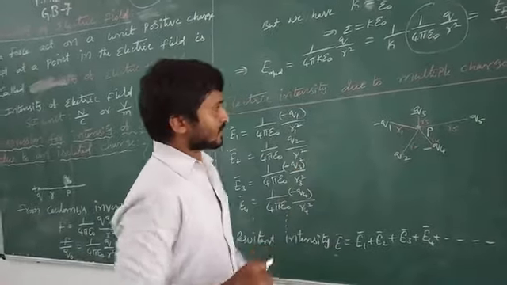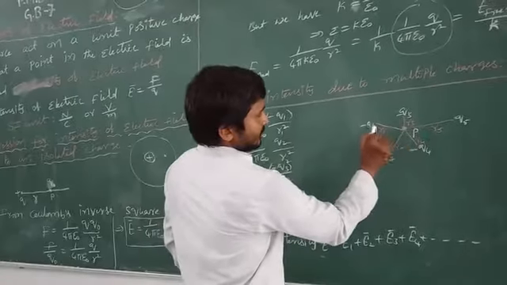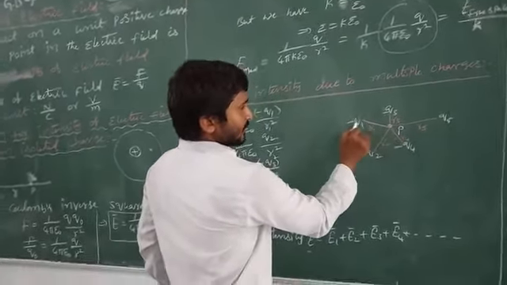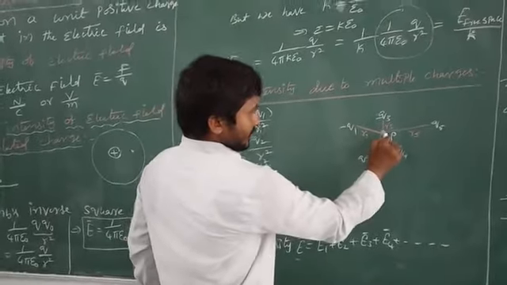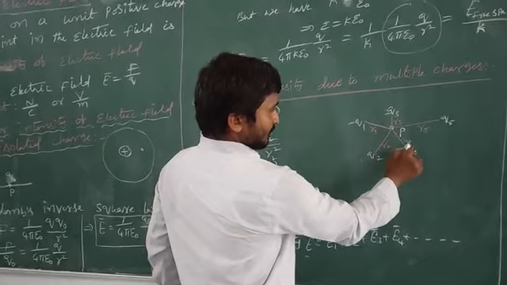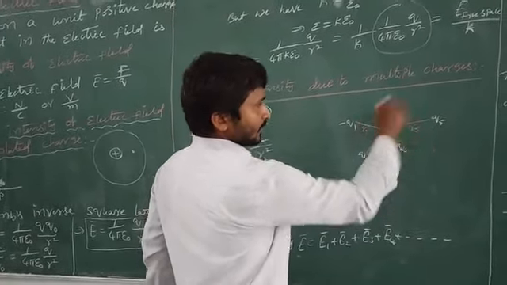How do we find it? First, let us consider a point P. This point P is at a distance r1 from the charge -q1, at a distance r2 from the charge q2, at a distance r4 from the charge -q4, and so on.